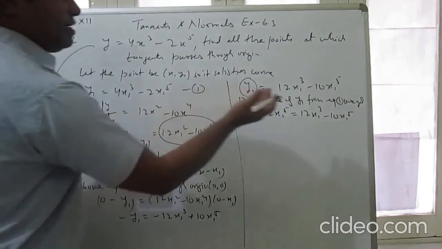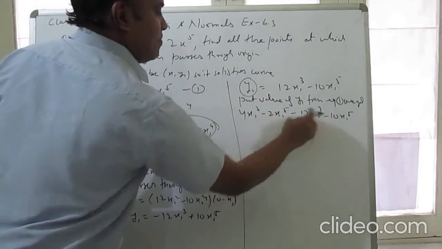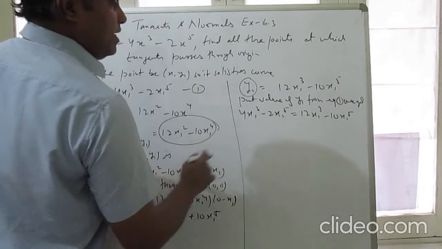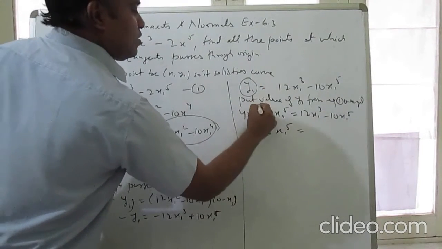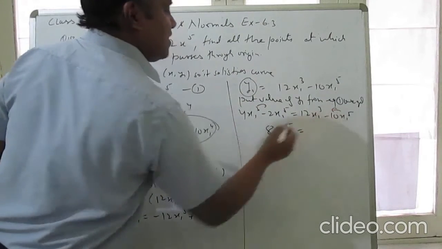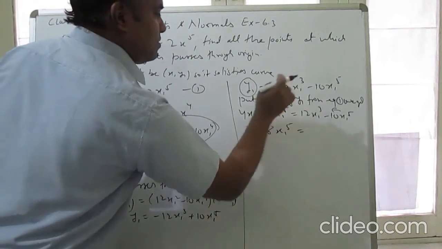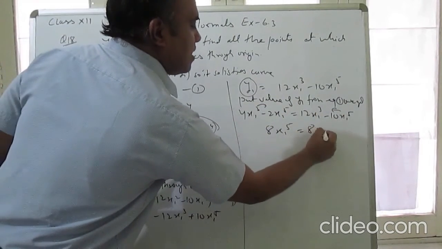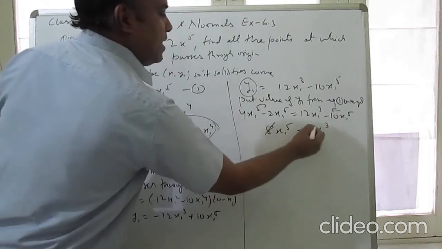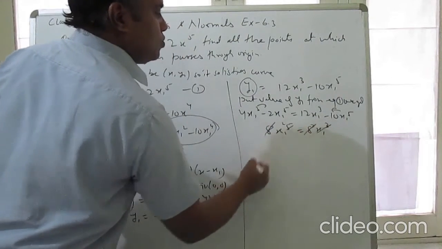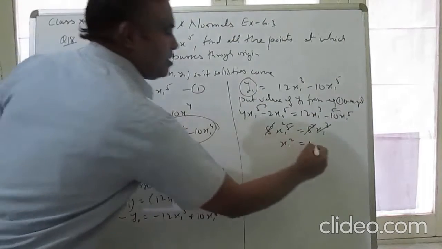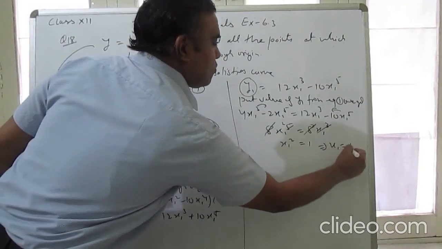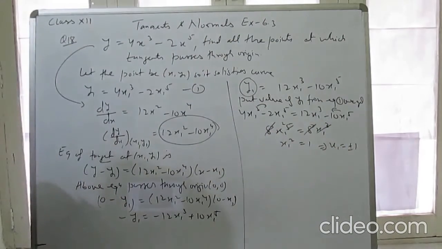Now see here, 10 will come to that side, so 10 minus 2 is 8x1 to the power 5, and the 12 cube goes to the other side, so 12 minus 4 is 8x1 cube. 8, 8 cancel and this part comes 2, so x1 square is equal to 1. This implies x1 is equal to plus minus 1.